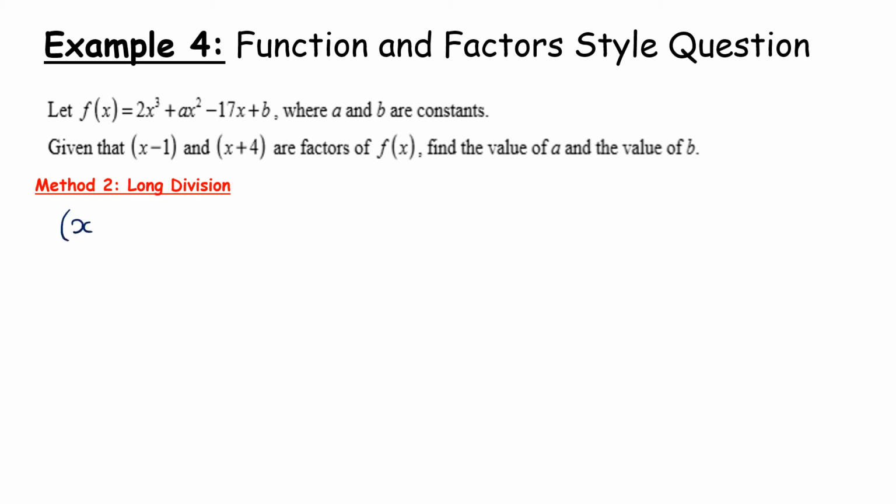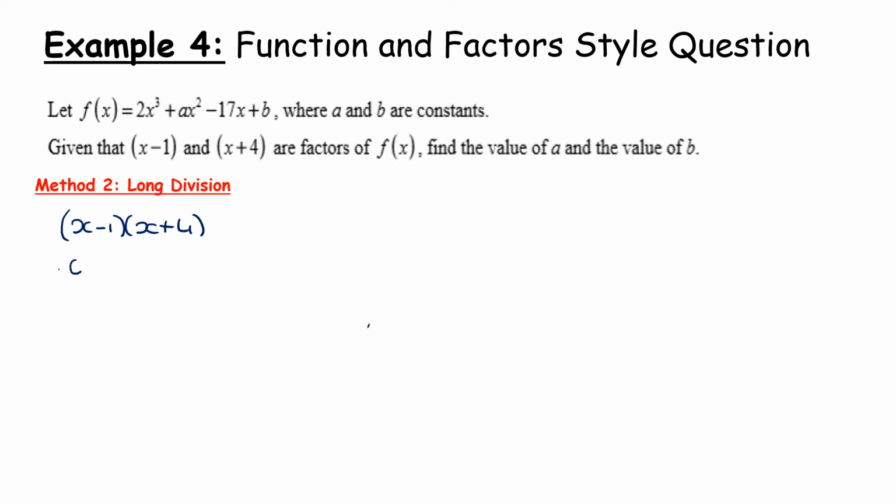So we're going to take x minus 1 and x plus 4, and multiply them together. So they're both small factors, and by multiplying them together, we get a bigger factor that also divides into f of x. What that means is the long division is going to be a little bit shorter and a little bit easier to work with. Now, you can divide in an x minus 1 or an x plus 4, but that will make the question even more challenging.